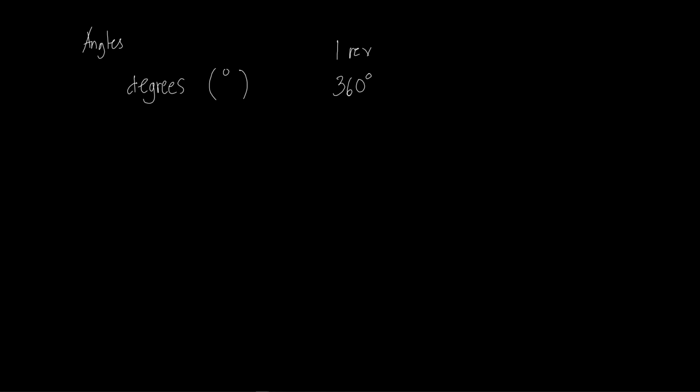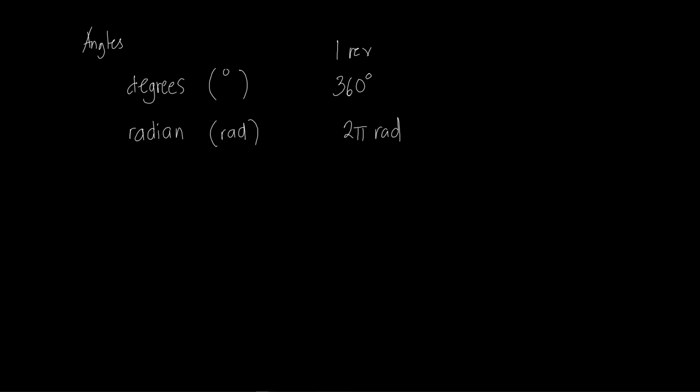Another form of the angle is the radian, with the symbol rad. One revolution in radians is 2 pi. So one circle or one revolution is equal to 2 pi.